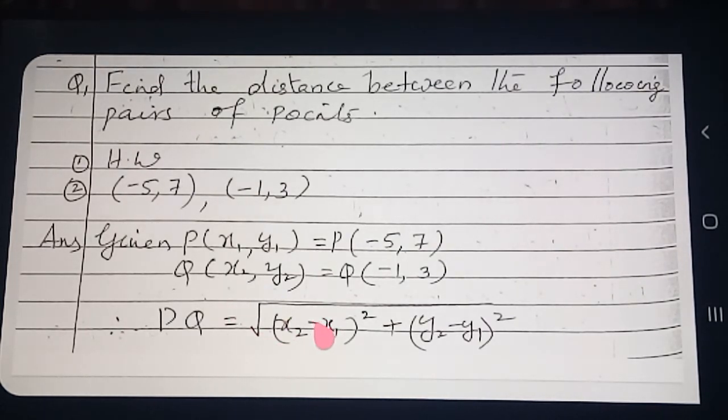No need to measure them. In some places we measured and found out, but now in coordinate geometry, with the help of the coordinates, we can apply the distance formula and find the distance between them. Okay, so apply it here now.